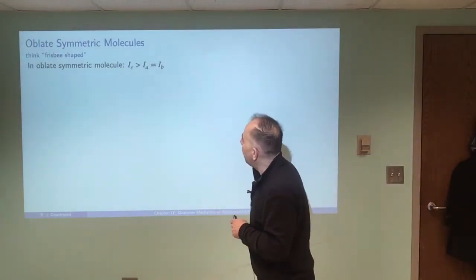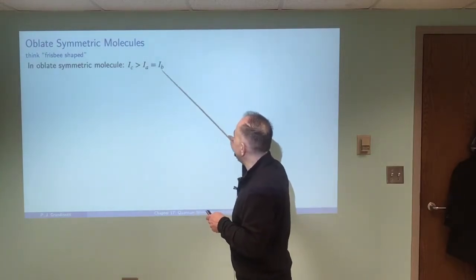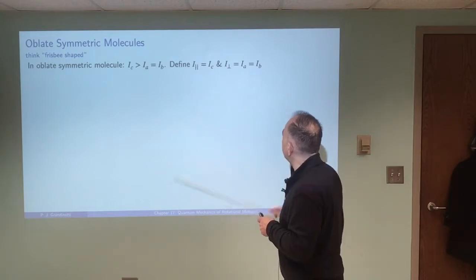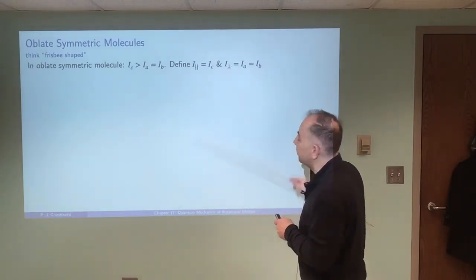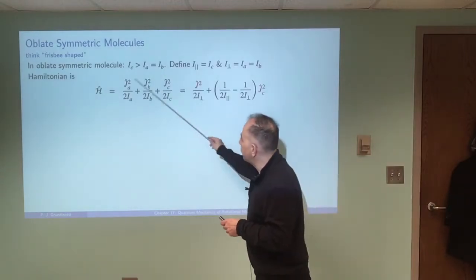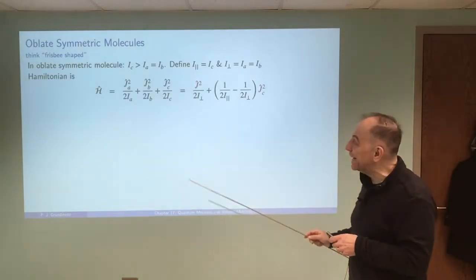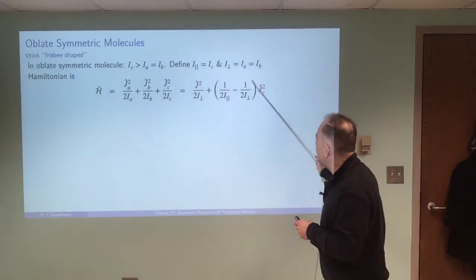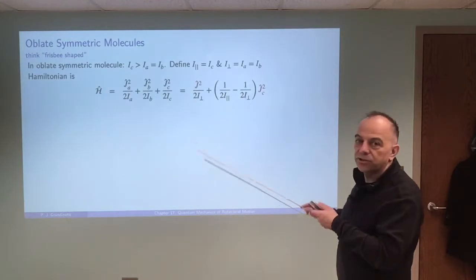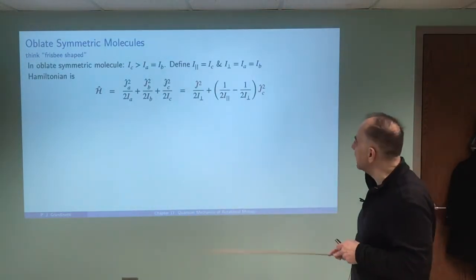Okay, in the oblate symmetric molecule, we have our unique axis as C, and A and B are equal to each other. So we'll write down I parallel is equal to C and I perpendicular is equal to A and B. Then when we write down our Hamiltonian, making this substitution, we can do a little rearranging like we did in the prolate symmetric case, and write it in terms of the angular momentum vector squared and one component, in this case, JC.